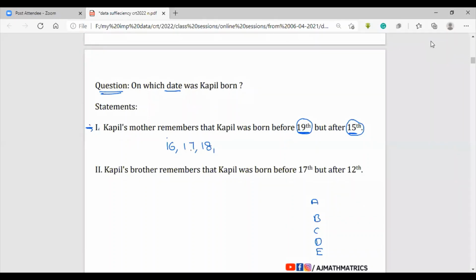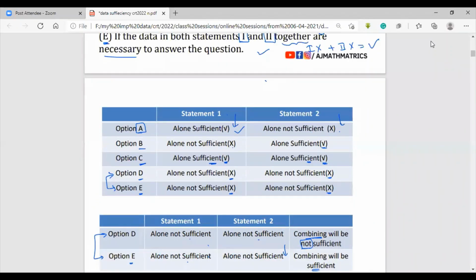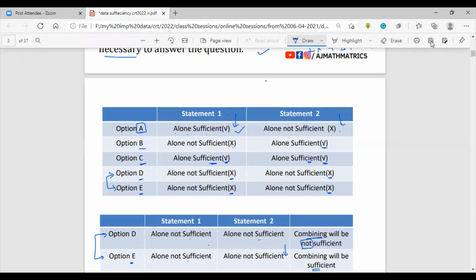So the data in statement 1 alone is not sufficient. Now just refer to the options. When the data in statement 1 alone is not sufficient, which of the options can we eliminate? Option A says 1 alone is sufficient, but here 1 alone is not sufficient.